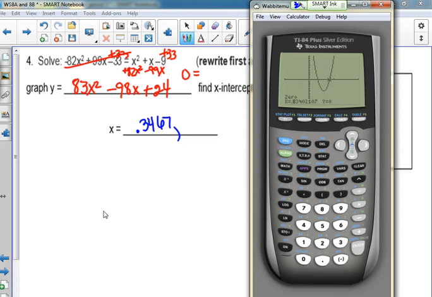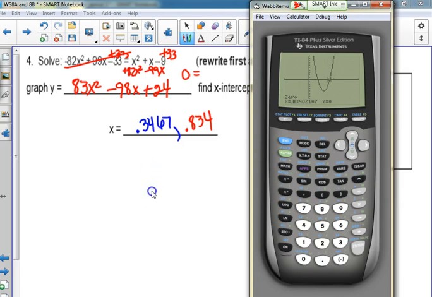Yes, it just means you chose your left and right bound to both be positive or both be negative. So it can't find where it's hit 0 in between there. I got 0.834 is the other one. Anybody not getting those? Can I help anybody?